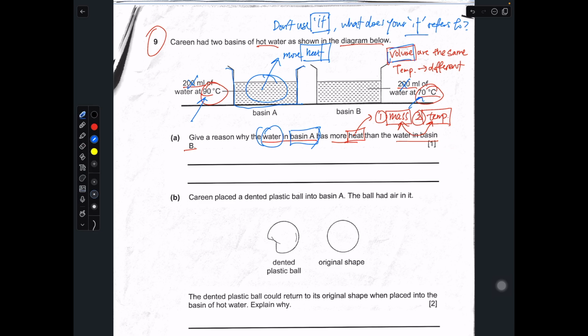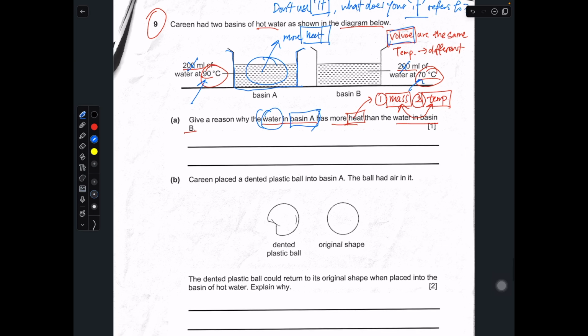Okay, so over here I'll write this down. Water in basin A has a higher temperature than water in basin B. This will be the key explanation.